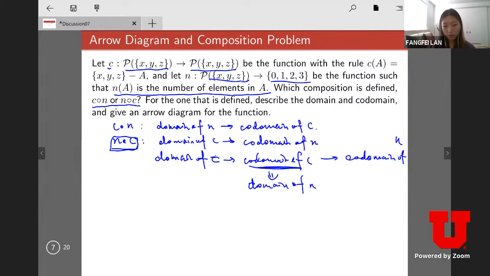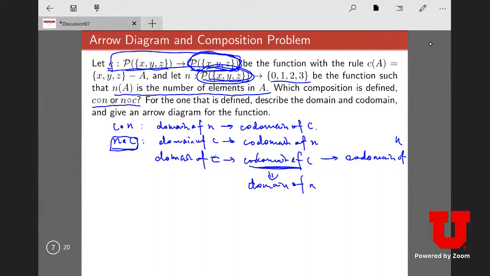So C has to go first. Then we have this codomain right here, which is the same as the domain of the second function. If we do it the other way around, the codomain of N is this {0, 1, 2, 3} set, which is not the domain of C, so we cannot compose these two functions. Does that make sense? Any questions? So that's why C has to go first. So we have the composition, and this is defined.